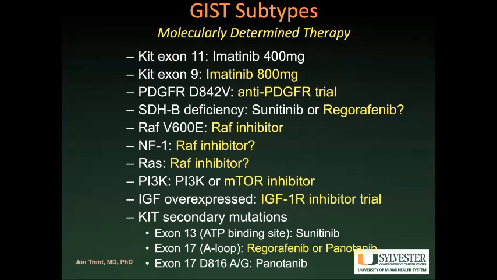That primary mutation is the same in all tumors in the body, and it never changes. and that is KIT exon 11, KIT exon 9, PDGFR, SDH, RAF, RAS, NF1. Those types of mutations are the primary mutation, and they stay the same, and they're in every single tumor cell in the body.